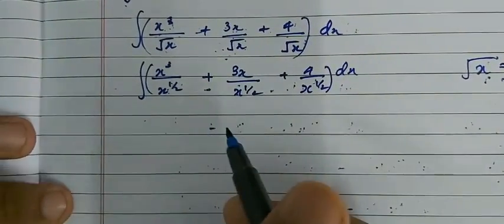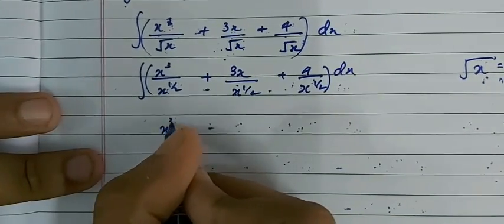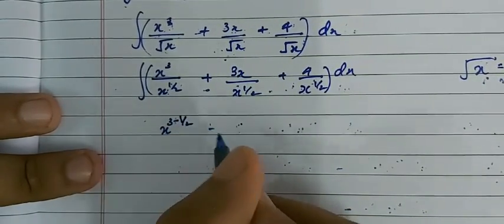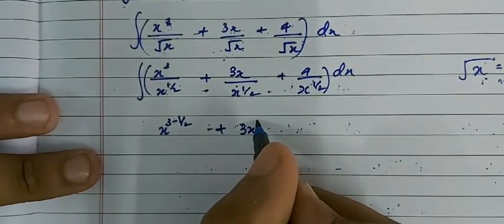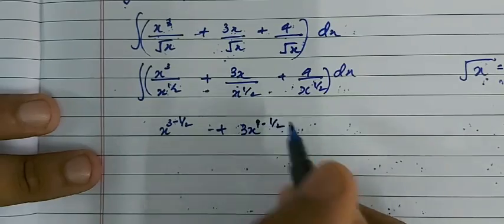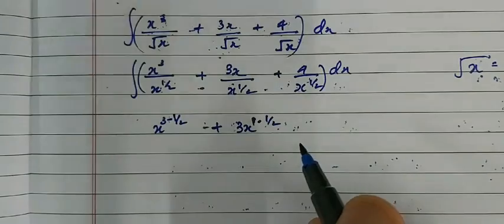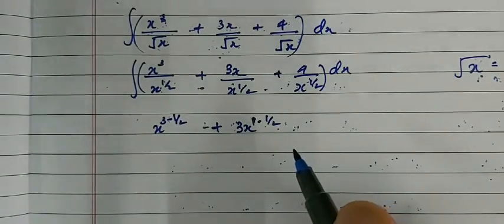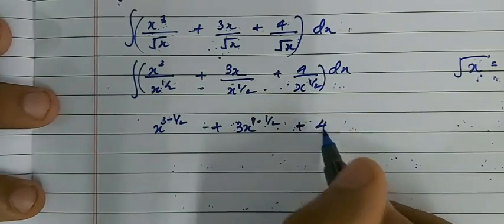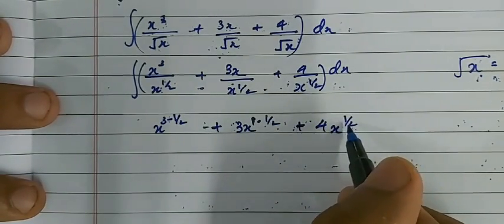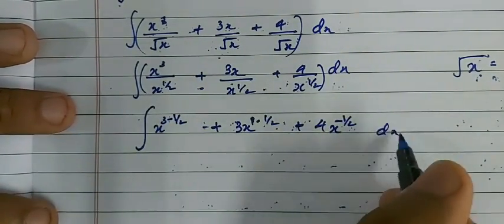Now here we can write this as x raised to 3 minus 1 by 2 plus 3x raised to 1 minus 1 by 2, as we have done in the previous question. Similar thing we are doing here. Instead of negating 1, we are negating half here. So plus 4x raised to 1 by 2 minus 1 by 2, integral sign and dx.